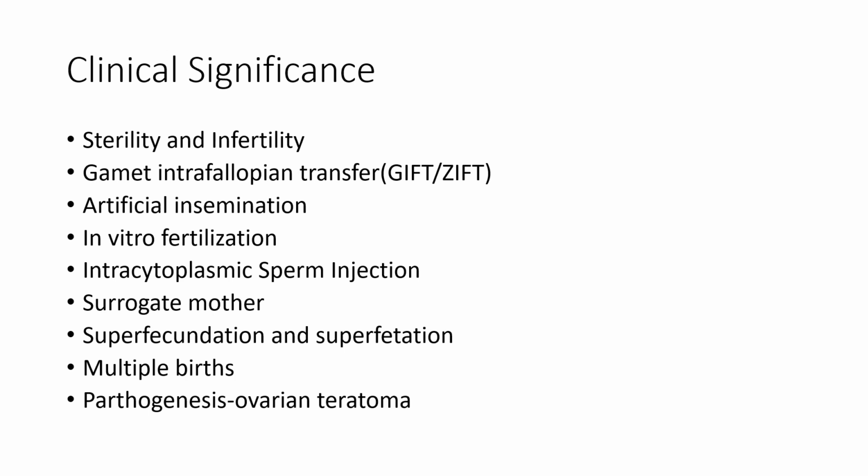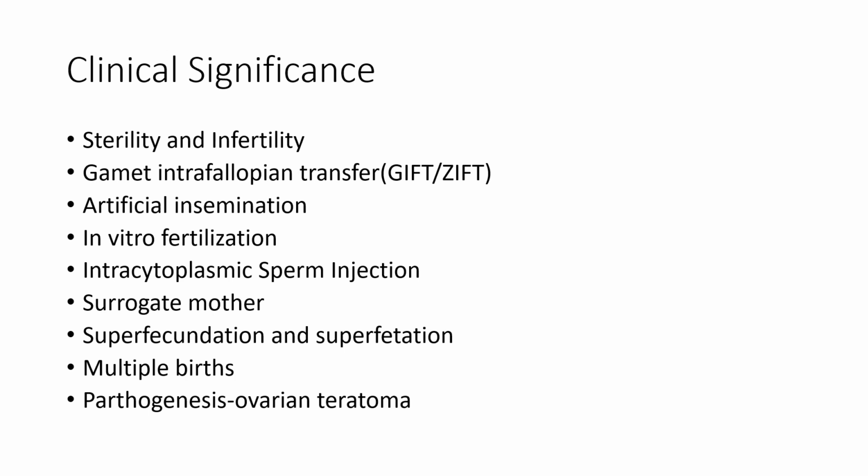Now, what is superfetation? Here, the two oocytes are fertilized by two sperms, but these oocytes are coming from two different menstrual cycles. So the age of the two fetuses will be different. Then the next term is multiple birth.